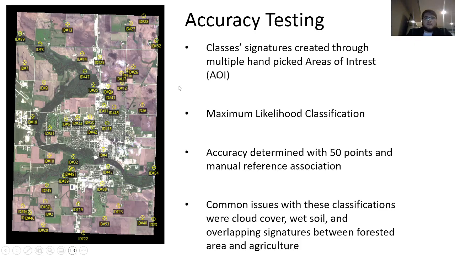The algorithm on Erdos randomly, quote unquote, picks 50 points, and then I had to make sure the 50 points were within the image bounds, and then I had to go in and manually associate each point with the class that it should be based off of the original image.